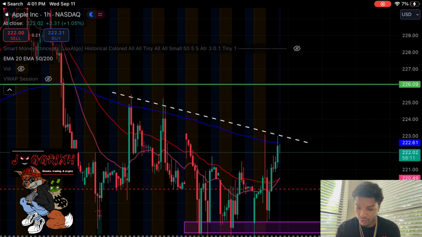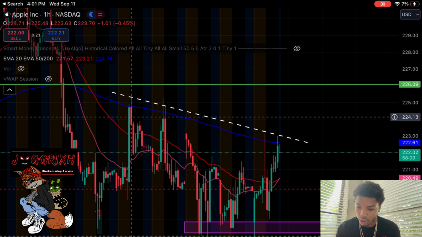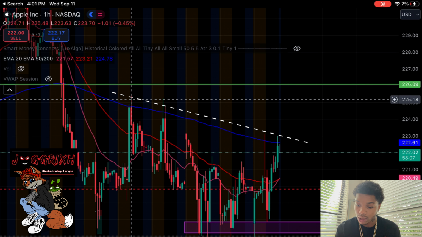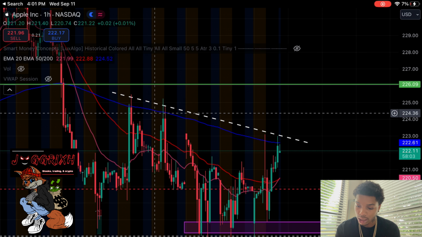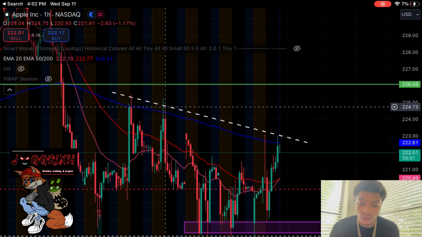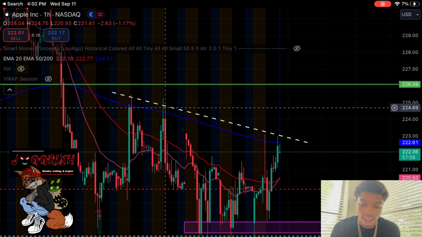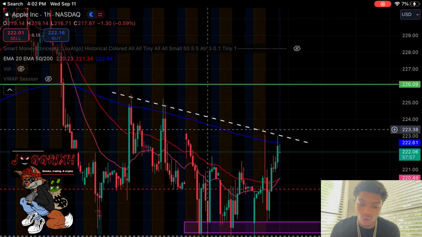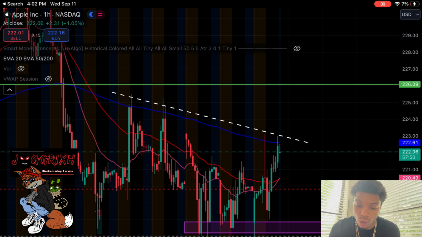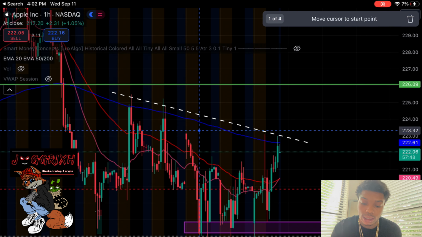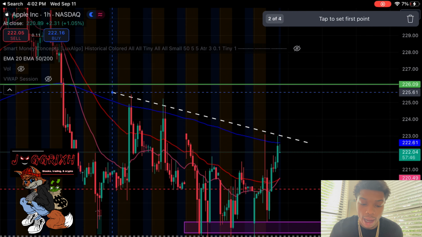You see how it reversed off of 225.20 right here, excuse me. Then reversed a little lower than that the next time. This is creating a diagonal resistance line. You understand what I'm saying? So you could also play breakouts on a diagonal resistance line, on falling wedge patterns, on bull flag breakouts. You understand what I'm saying? So just keep that in mind also.